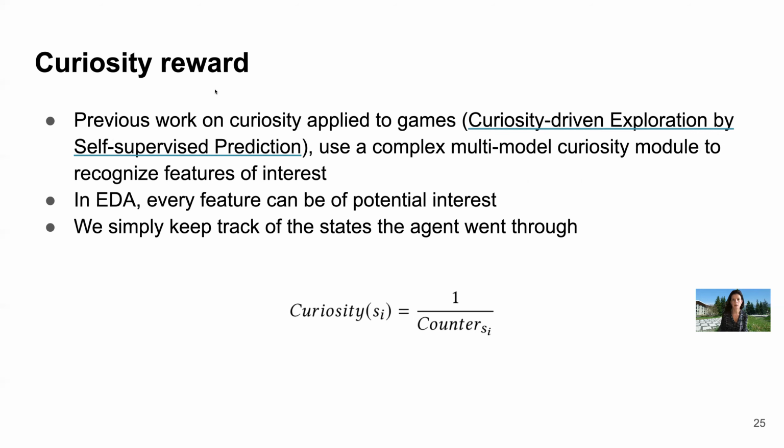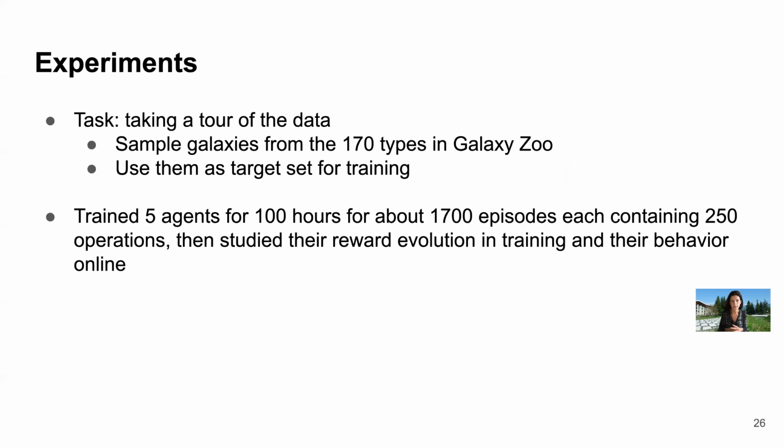In fact, when it was applied to games, it's used in a more complex way to recognize features and so on. But in our case, all the features or all the attributes of galaxies are of interest. And so the curiosity of a state is simply the inverse of the number of times I have seen it, to encourage the agent to explore new states, right?